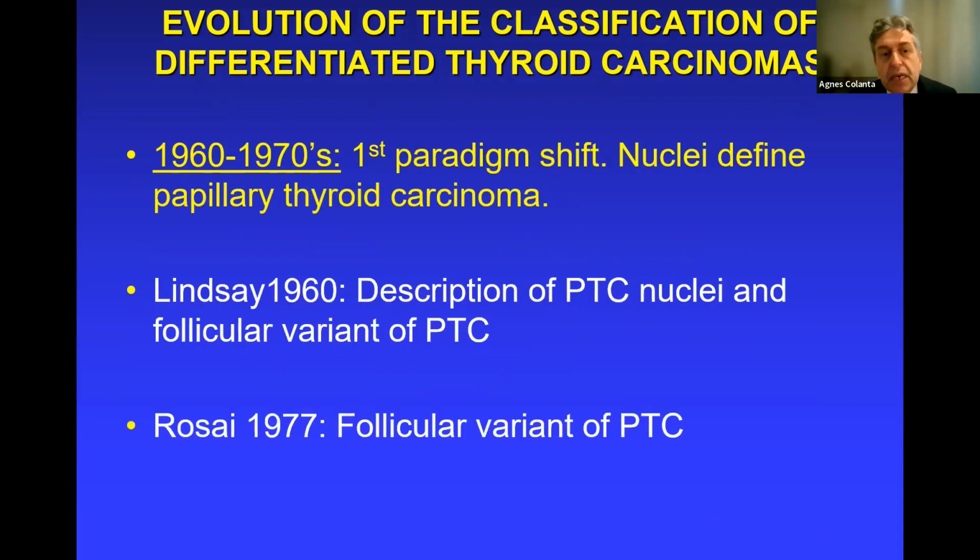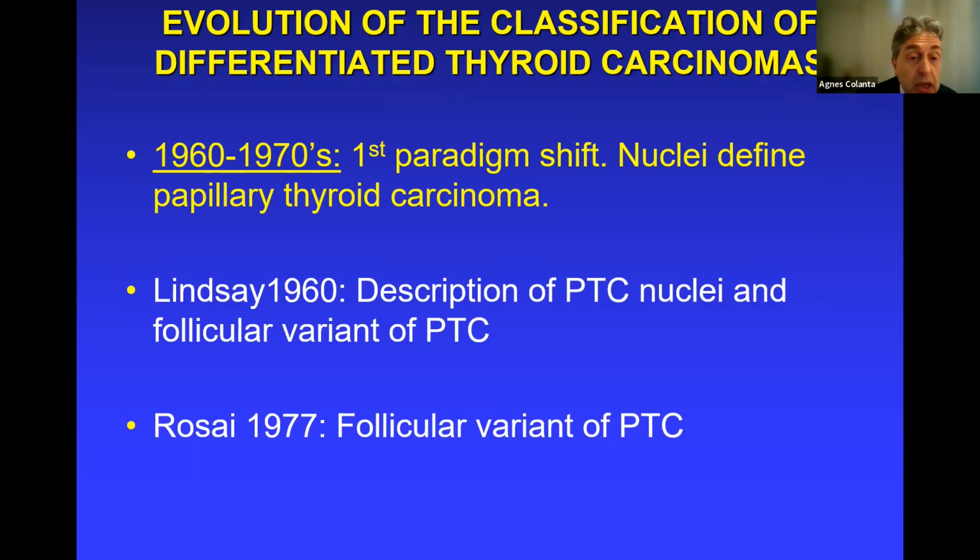But a big change happened in the 1960s and 70s. A pathologist from California, Dr. Stuart Lindsay, in 1960, described the papillary carcinoma nuclei, and he realized that these nuclear characteristics, like clearing, overlapping, and irregular nuclear membrane, are found not only in papillary tumors, but also in tumors with a follicular growth pattern.